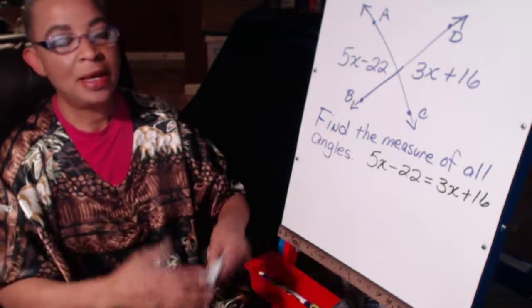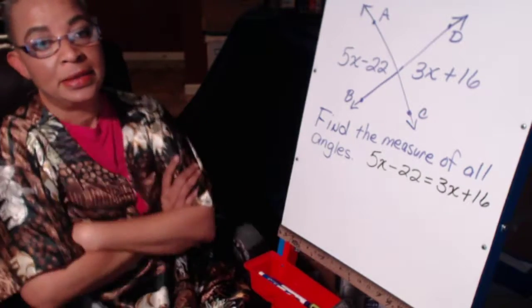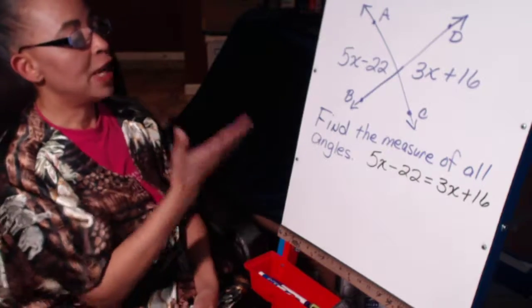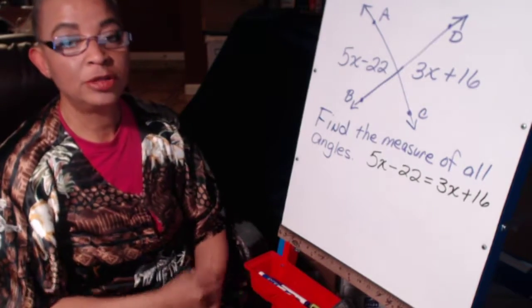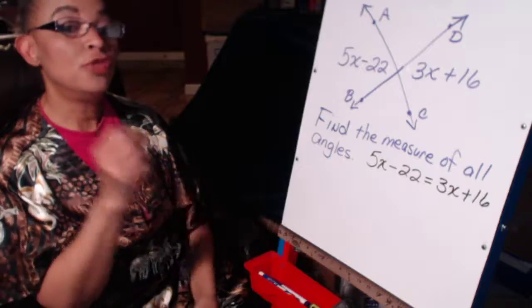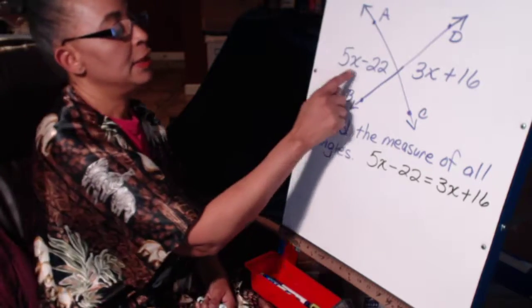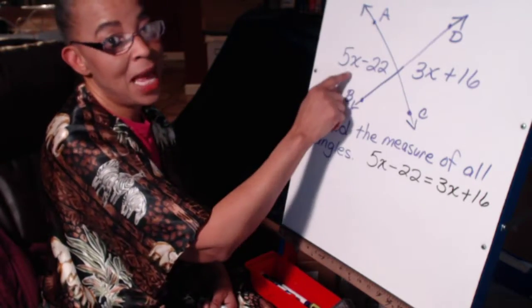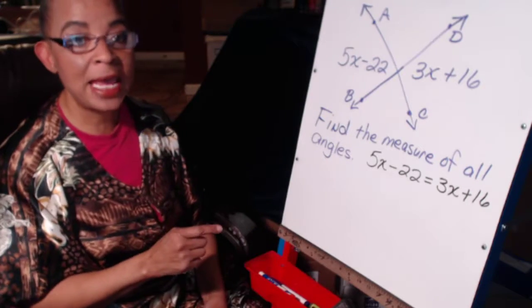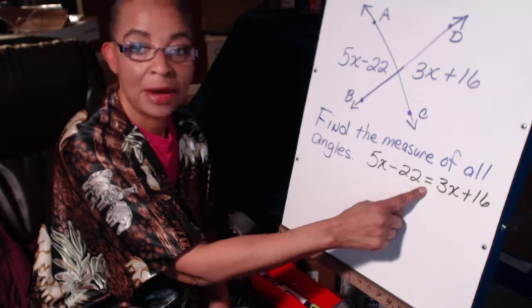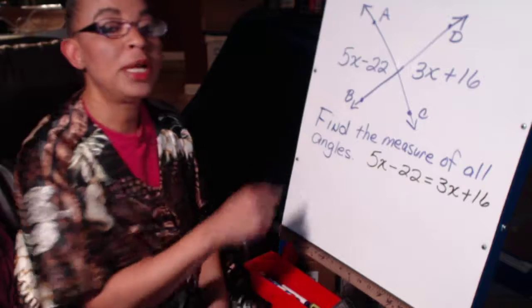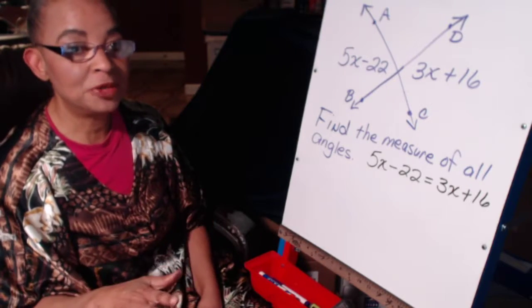Ladies and gentlemen, geometry is over. You've identified that they are vertical angles because they have the x. You've also identified that since they are on opposite sides, they are the same measure, our equal sign. So now, geometry is over.